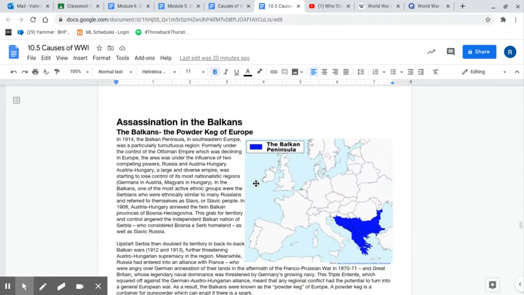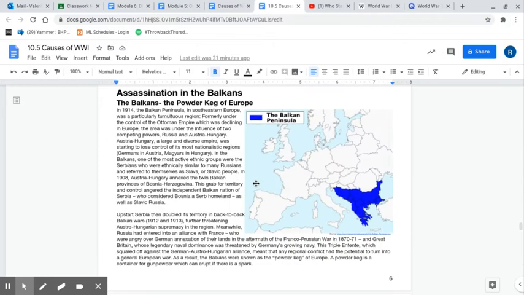And last but not least, what was the turmoil that was going on in the Balkans? The Balkans is a region, a geographical area within Europe that had a lot of ethnic, cultural tensions going on.